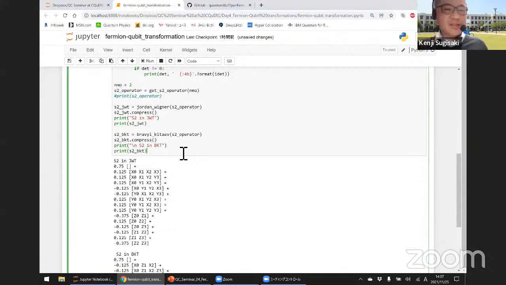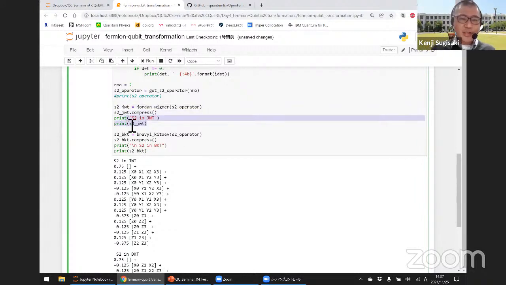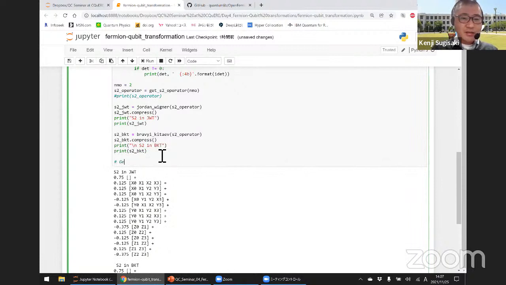And let me check if the generated S-square operator has the exact structure. So let us think about one molecular state, which corresponds to the Hartree-Fock configuration of two electrons in two molecular orbitals, and then calculate the expectation value of the S-square operator.